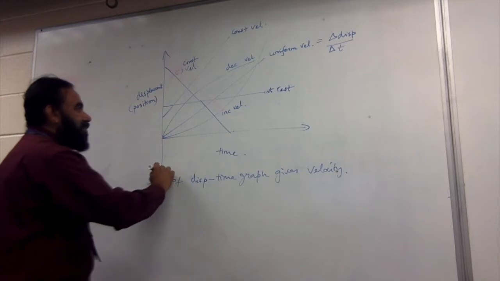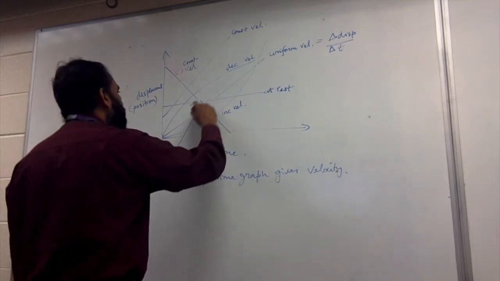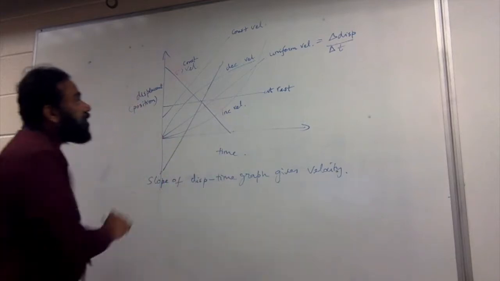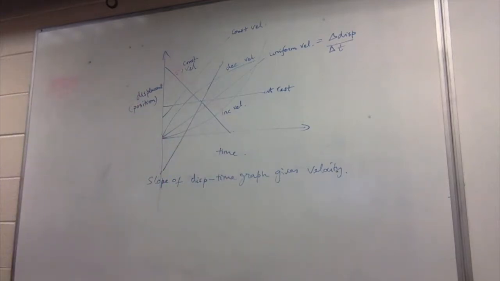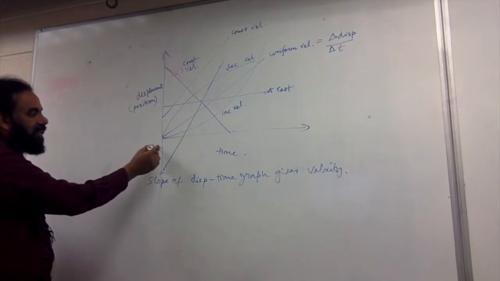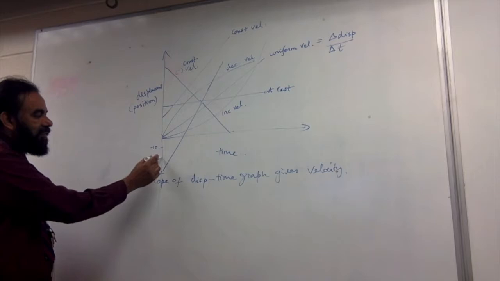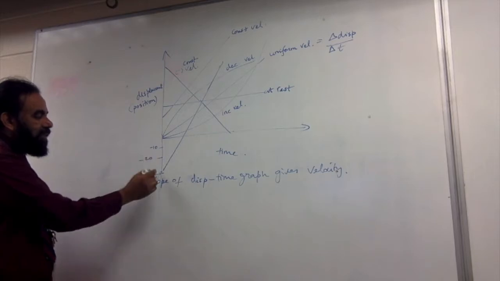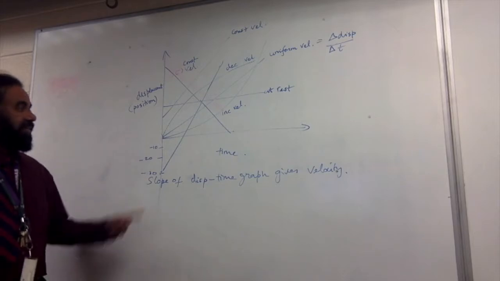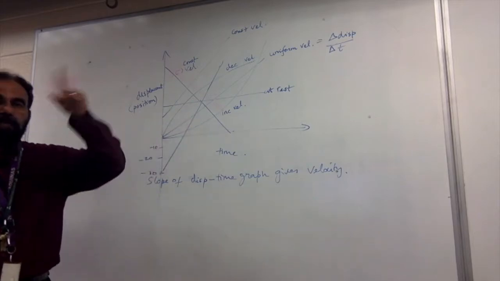What does this line represent? Constant velocity starting at a negative displacement. So this means it is starting with a negative displacement, let's say negative 10, negative 20, negative 30. It starts with a negative 30 and then moves with a positive velocity.